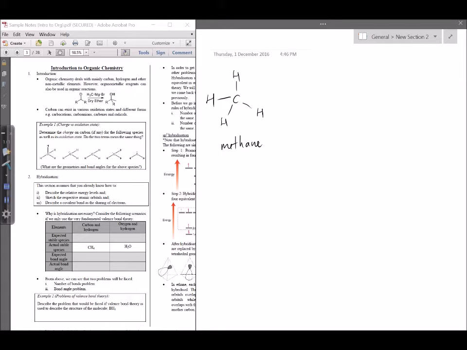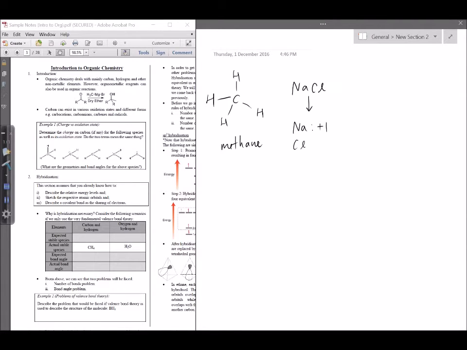Now, how do we determine the oxidation state of, let's say, this carbon? Well, we usually talk about oxidation state when we deal with ionic species, for example sodium chloride. It's quite obvious, and by now you should know that for sodium chloride, sodium has an oxidation state of +1, right?